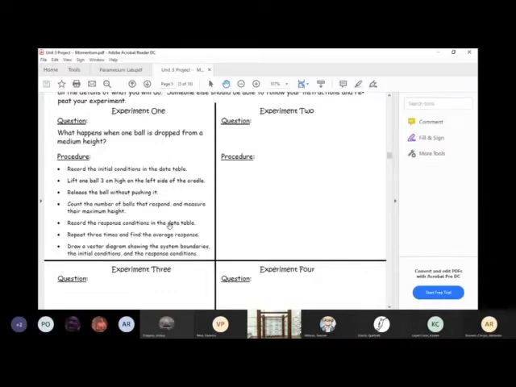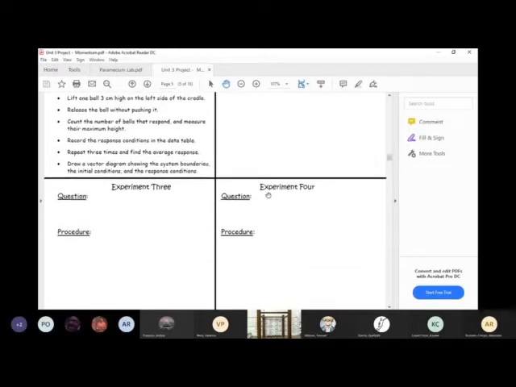And so as we actually conduct these experiments today, you may do them in a different order than you've written them down. You might also end up skipping one because it's not one of your questions. So whenever I am doing an experiment that does answer one of your questions, that's when you're going to record your data.